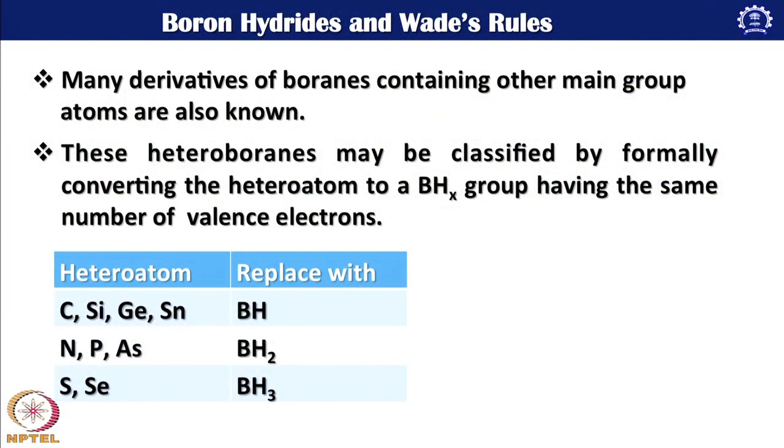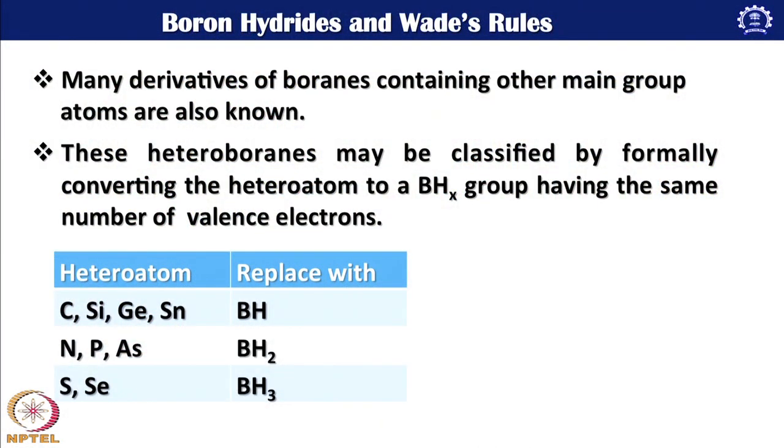Similarly, if we are adding a heteroatom from group 15 having s2p3 electronic configuration, in order to add one nitrogen, phosphorus or arsenic, we have to take out one BH2. In the case of carbon, silicon, germanium or tin, we have to take out one BH, whereas in the case of nitrogen, phosphorus and arsenic, we have to take out a BH2 unit.